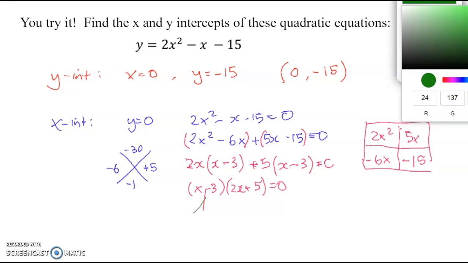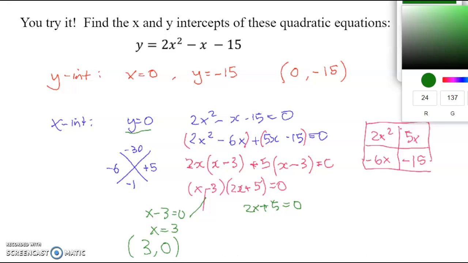So that means either x minus 3 is equal to 0 or 2x plus 5 is equal to 0. Okay, so then add 3 to both sides. That leaves me with x is equal to 3. That means one of the coordinates is going to be 3, comma, 0.